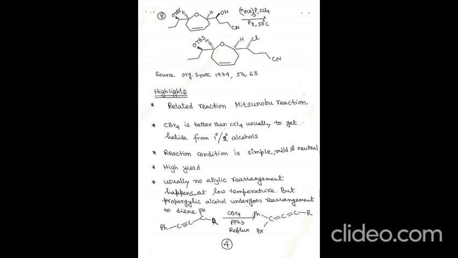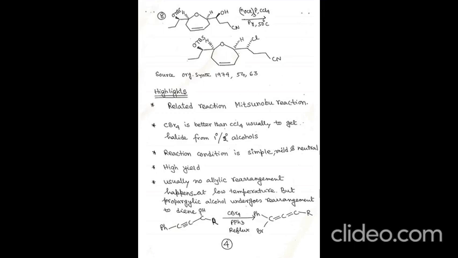alkyl halide. Now a related reaction, the Mitsunobu reaction, is also useful to convert an alcohol to an alkyl halide, but the reagents are different. In comparison, CCl4 and CBr4 make the reaction slightly better.